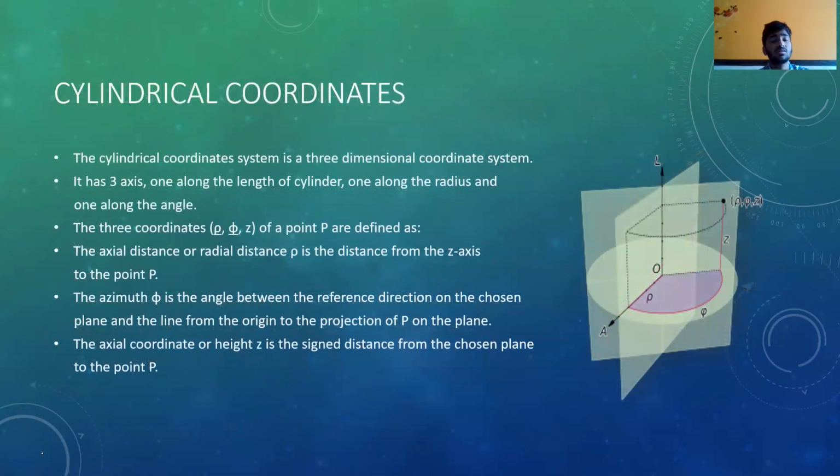The cylindrical coordinate system, a three-dimensional coordinate system, has three axes: one along the length of the cylinder, one along the radius of the cylinder, and one along the angle of the cylinder.